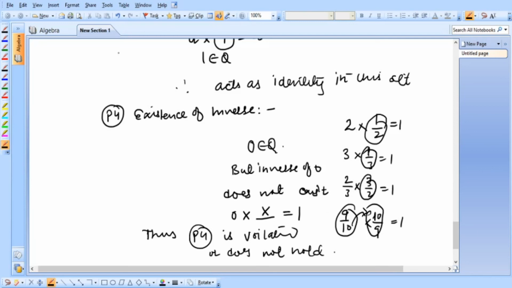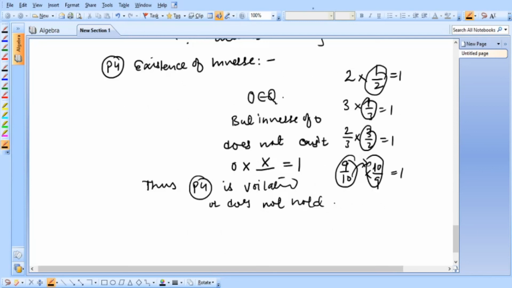Okay, I hope you got it. So now we are moving on to the fourth problem, which is again related to rational numbers, but now in order to make it a group, we are going to exclude 0 from this set, and now this set will be denoted by Q star.